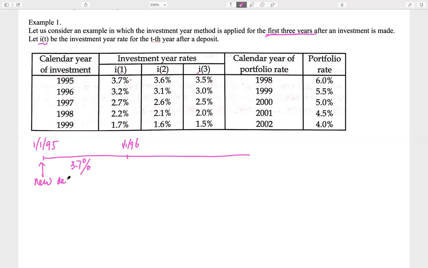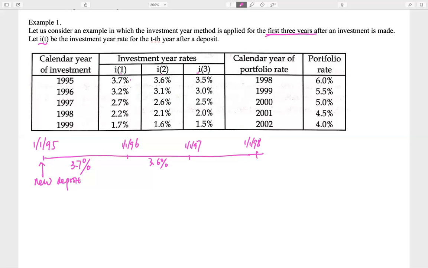For this particular new deposit, it will enjoy a 3.7% interest rate for the first year, so basically for 1995. For the second year, the rate would be 3.6%.